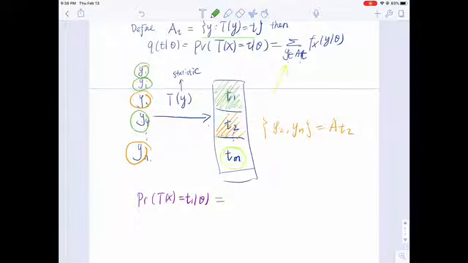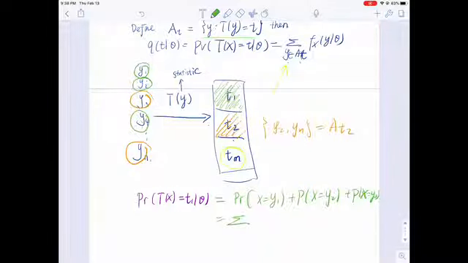Because there are three y's that can be transformed into t1, this can be written as the probability that x is equal to y1 plus the probability that x is equal to y2 and the probability x is equal to y4, which can be written as the sum, when y belongs to this A1 partition, of the PDF of each y.